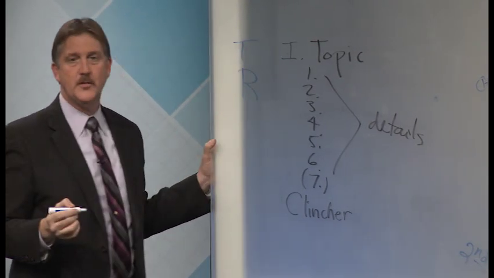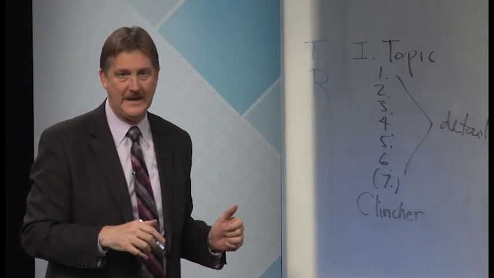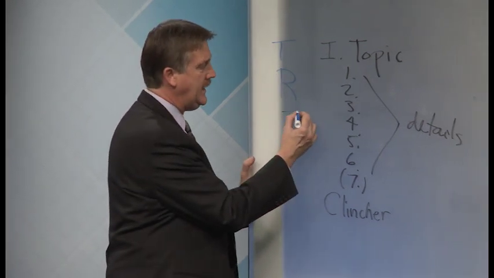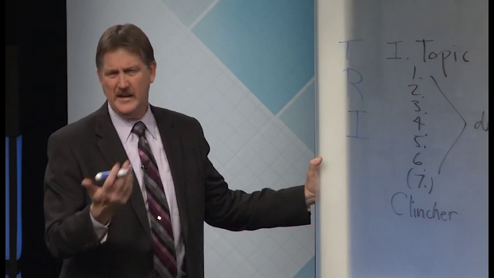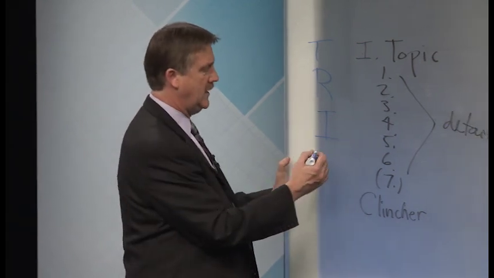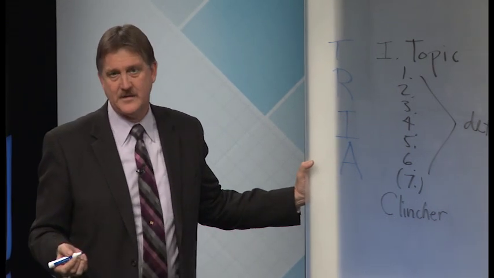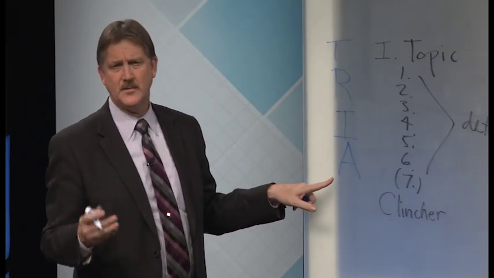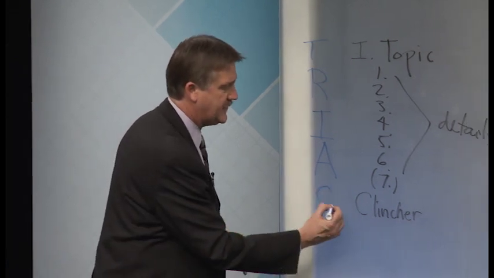R stands for restriction, or you narrow something ever so slightly. I stands for illustration, or maybe information, illustration. And A stands for analysis. What's the significance? What are the impacts? What's the value? What's the meaning, right? And then C stands for clincher.